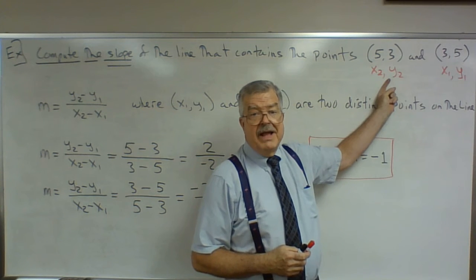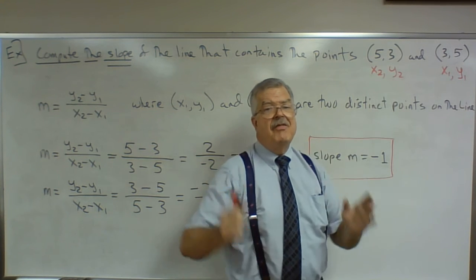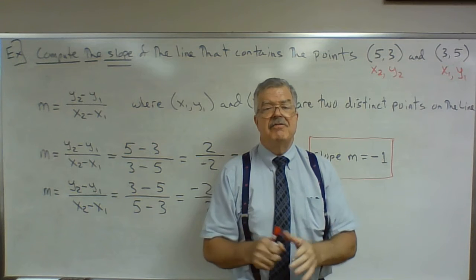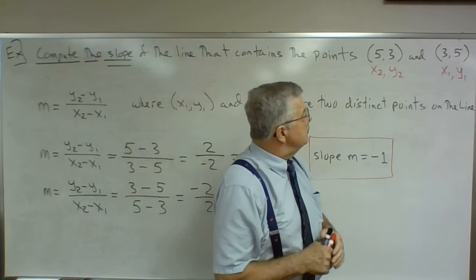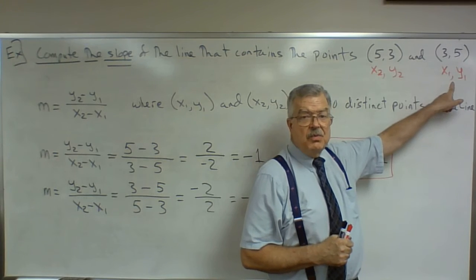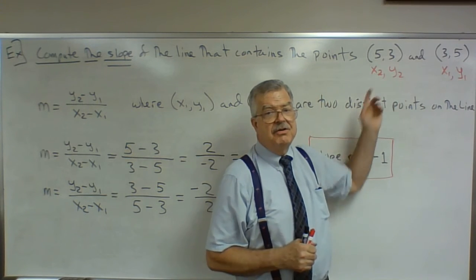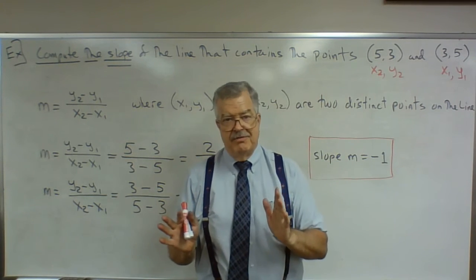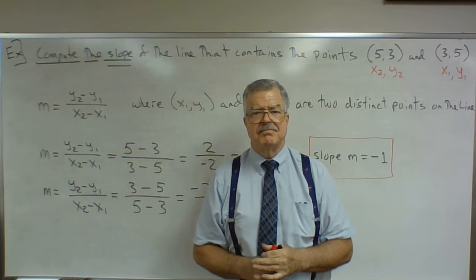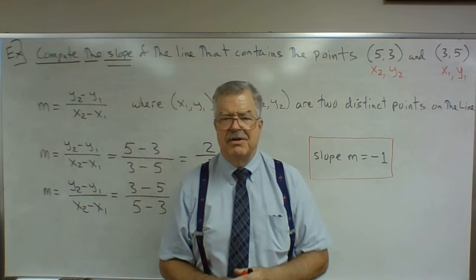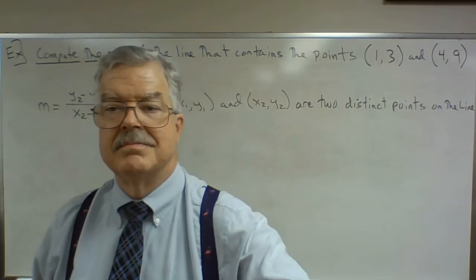Call the other point x2, y2, and then stay with that convention throughout the exercise. Once we've assigned values of x1, y1, and x2, y2, we keep those values. We don't switch in the middle of an exercise. Now let's see what else we can do with the slope.